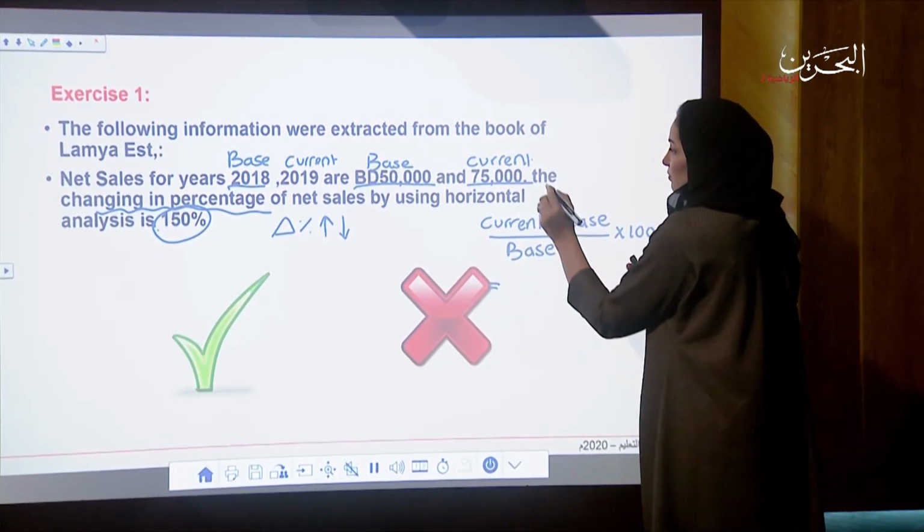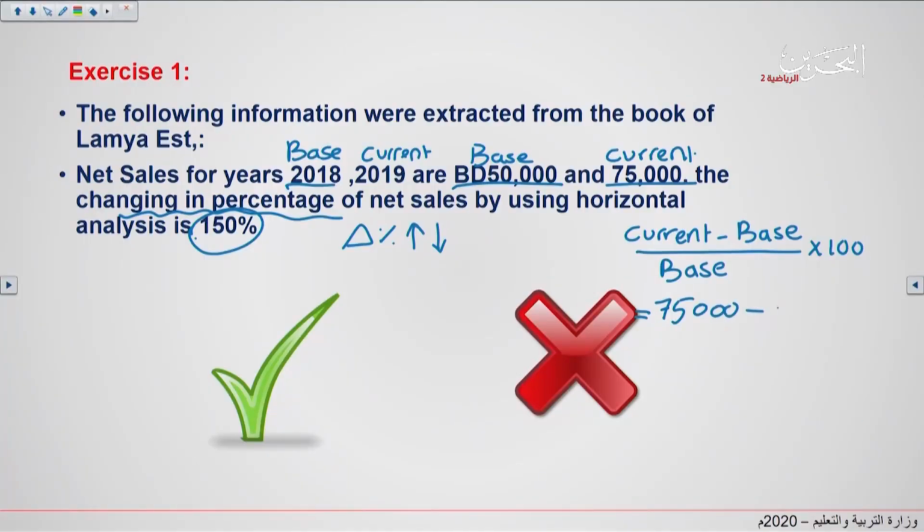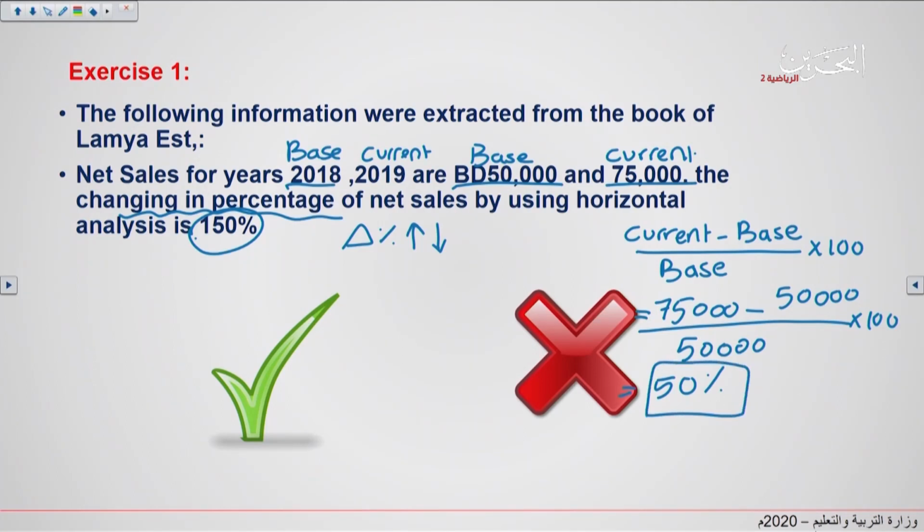The current amount is 75,000 minus 50,000 over 50,000, multiplied by 100. It will equal 50%. So now we can decide if it is true or false. The question says 150%, and the answer is 50%. So the answer is false.